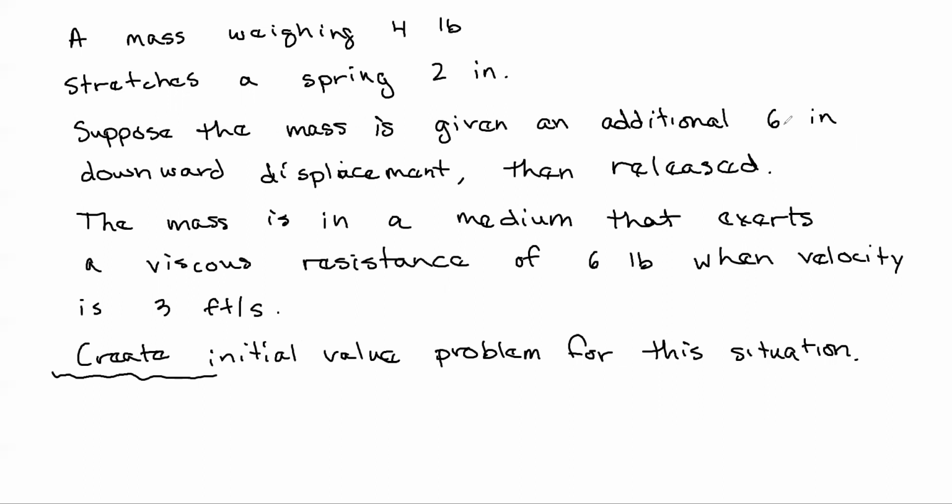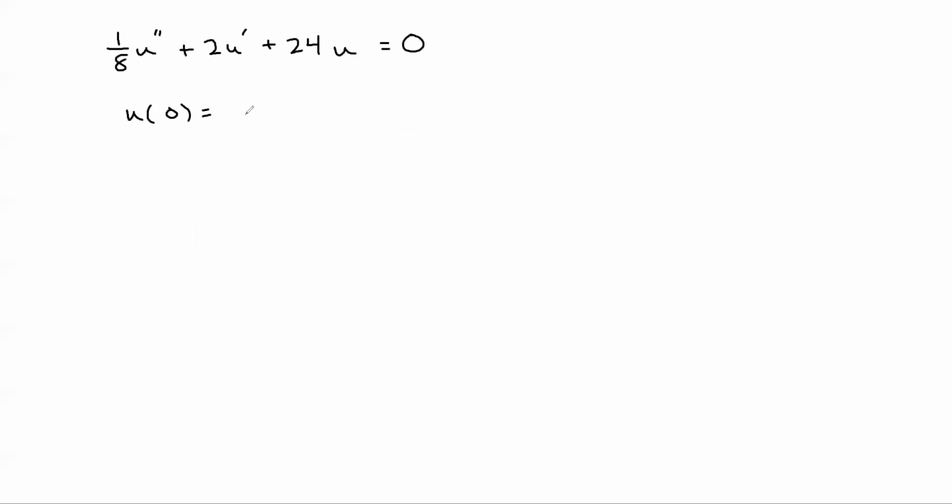Suppose the mass is given an additional 6 inches downward displacement and then released. So there is an initial displacement. It's 6 inches downward. Changing 6 inches into feet, we get 1/2 of a foot downward, and downward is positive, so it's 1/2. Then the object is released, so there is no initial velocity. It's not pushed downward or upward as you release. So that would be 0.